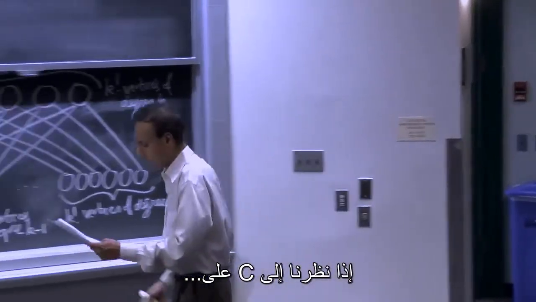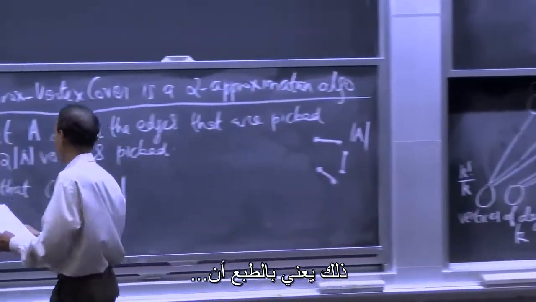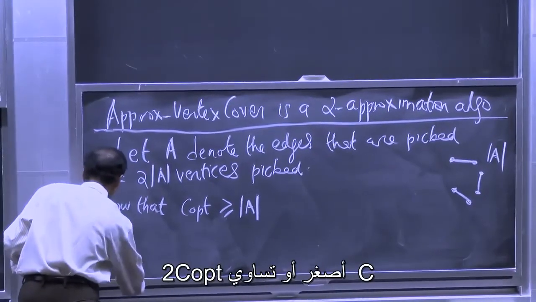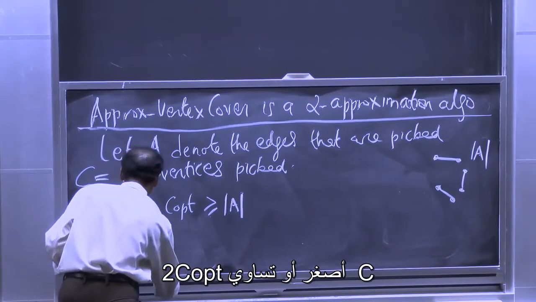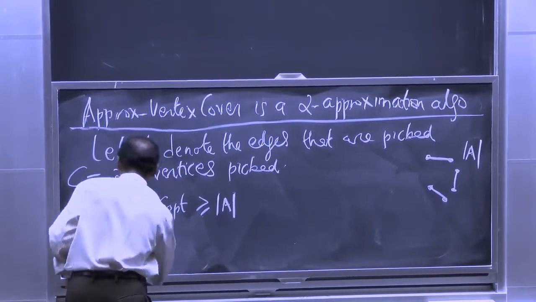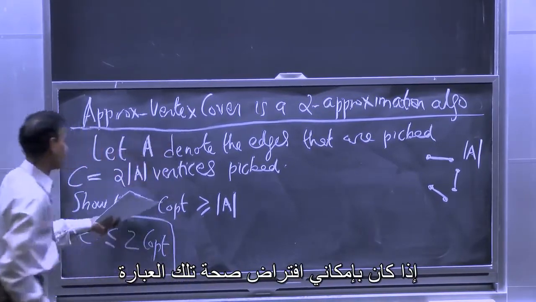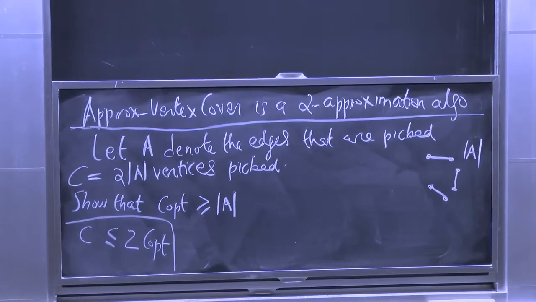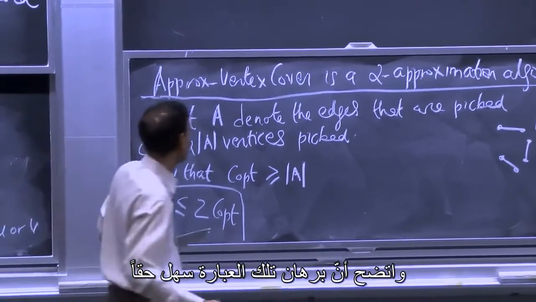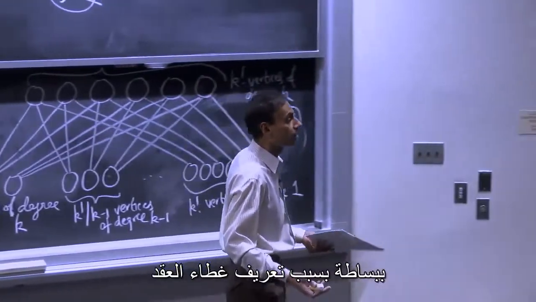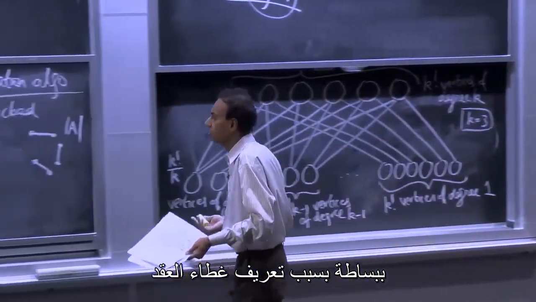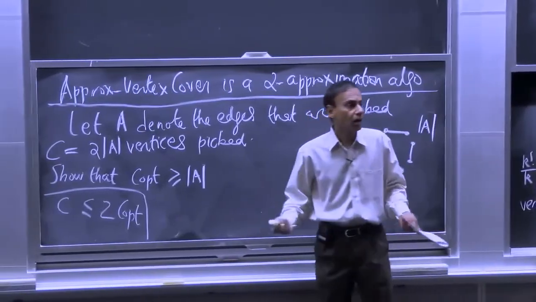So if you look at C divided by C opt, this means, of course, that C is less than or equal to 2 C opt, if I can make that statement. And it turns out that's a fairly easy statement to argue, simply because of the definition of vertex cover.